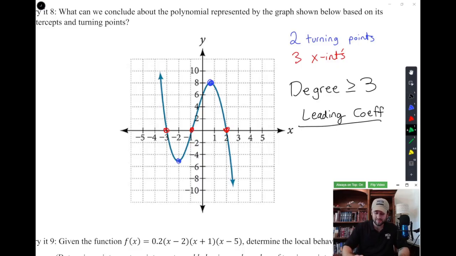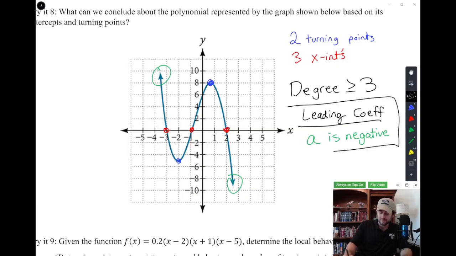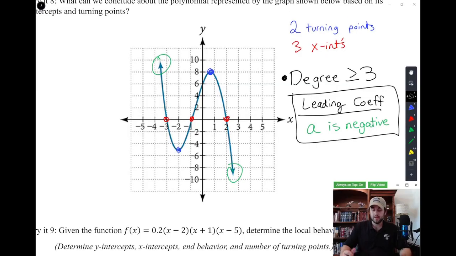Based on the end behavior, this looks like a bank account going up or down. And is that the way you want your bank account to go, to start really high and end up low? No. And so that means a is negative. So we know the degree is greater than or equal to 3. The leading coefficient is negative.